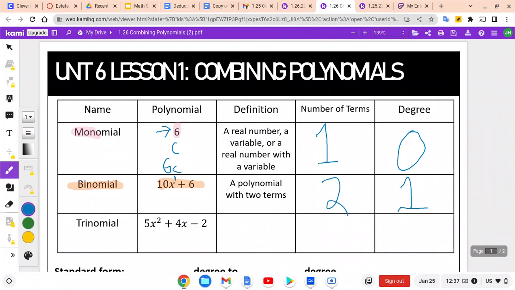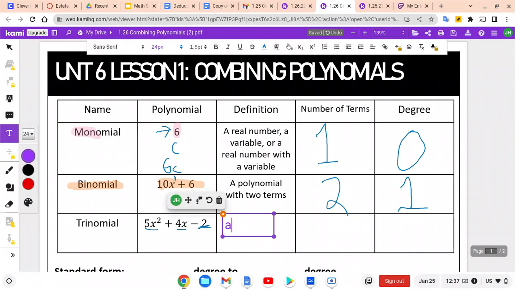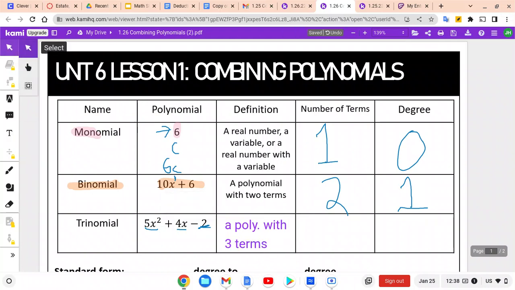And then finally, trinomial has 3 terms. So here we see 1, 2, 3 terms. So you would say it's a polynomial, let me abbreviate polynomial, a poly with 3 terms.